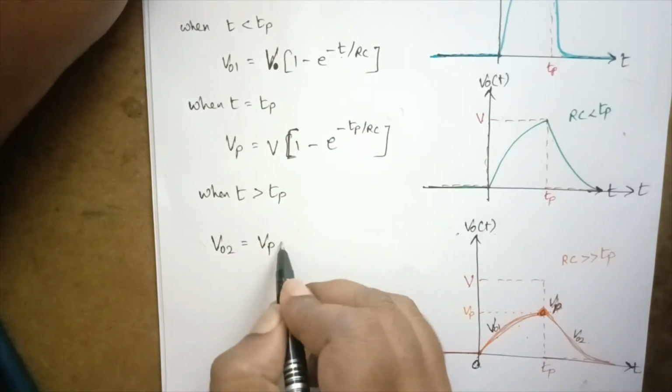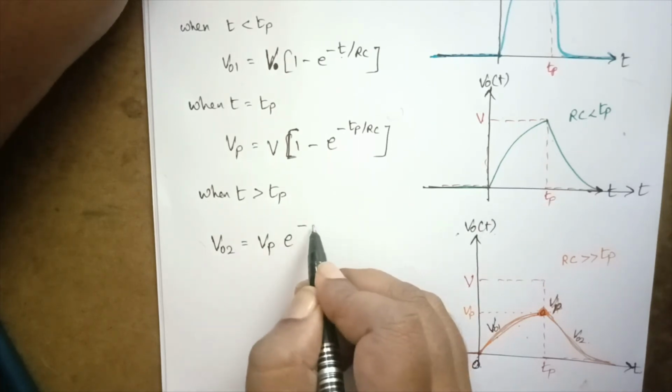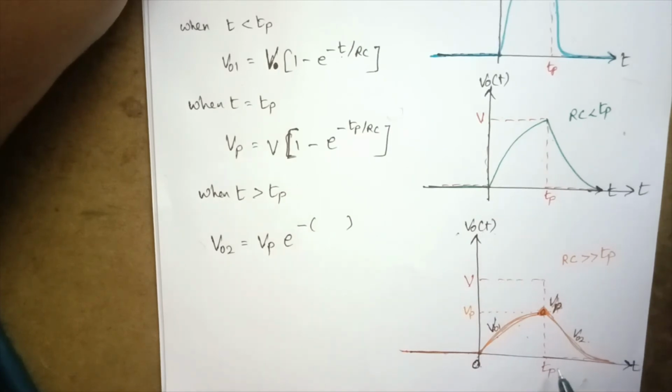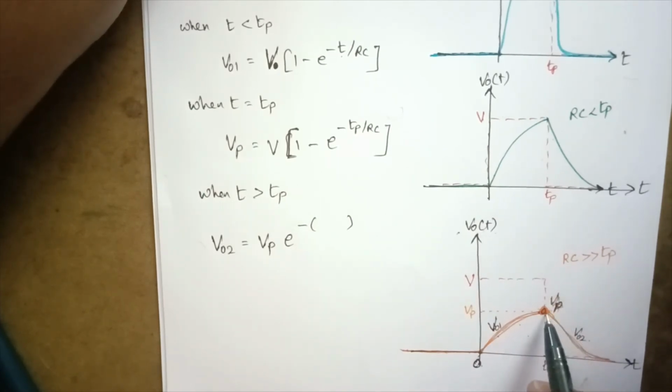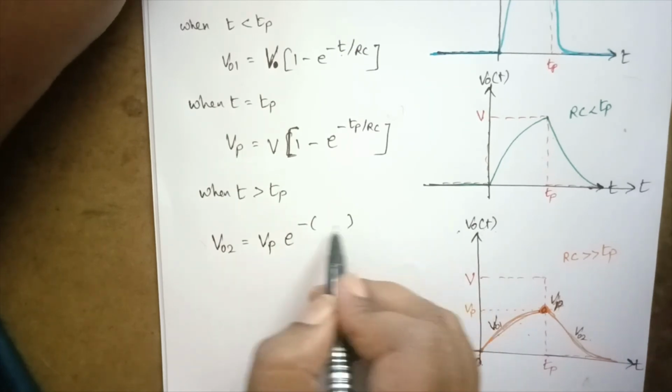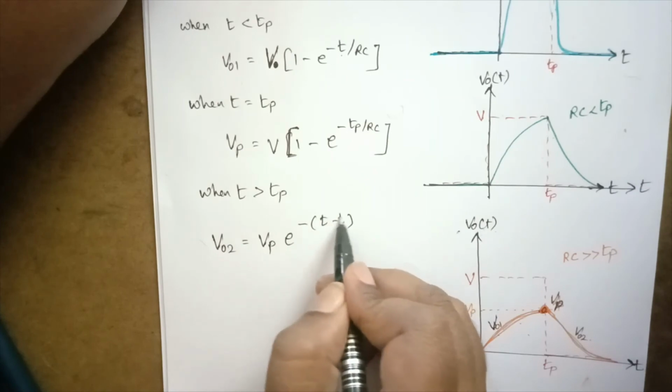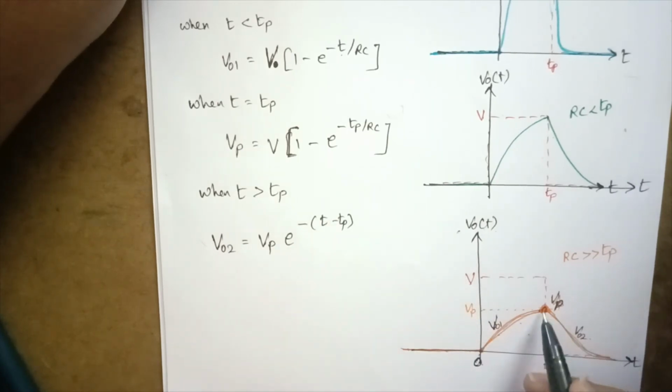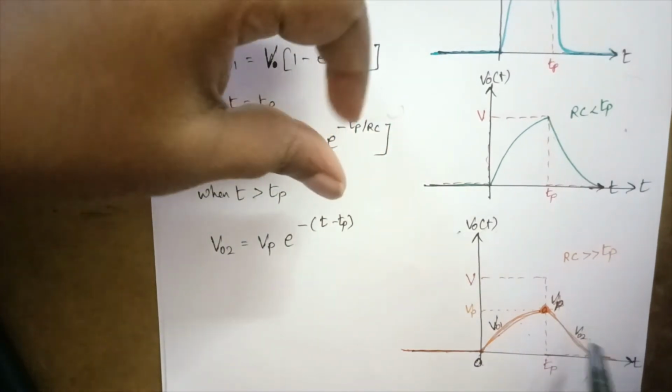So Vp into e power minus t, but here it is not exactly t. Why? Because here it has already reached Tp, so it is t minus Tp.